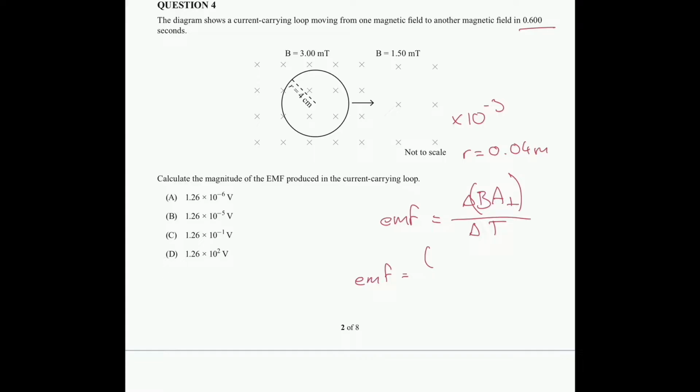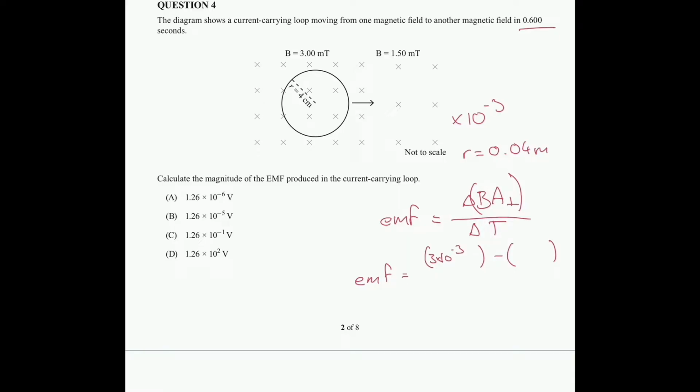So what we'll have in our EMF formula is equal to the change in our magnetic flux. What that's going to be is the initial minus the final. And you're going to note that we're going to neglect in this situation the sign, negative or positive, but we're going to get 3 milliteslas, so I would put 3 times 10 to the negative 3.